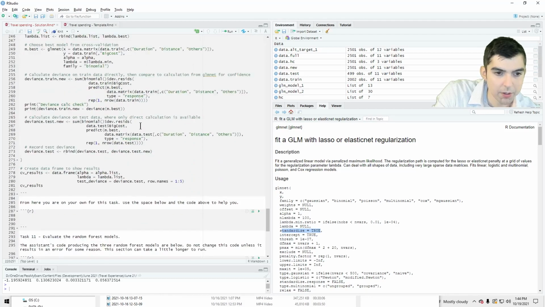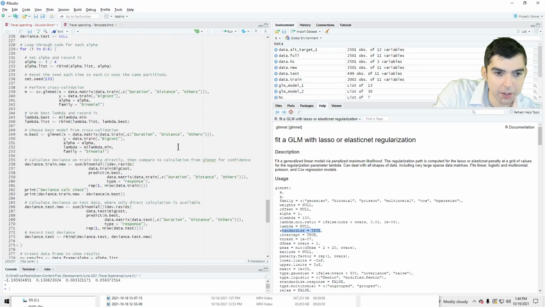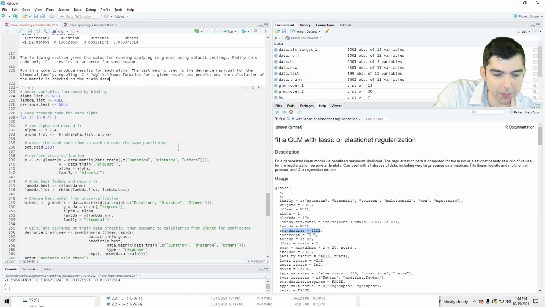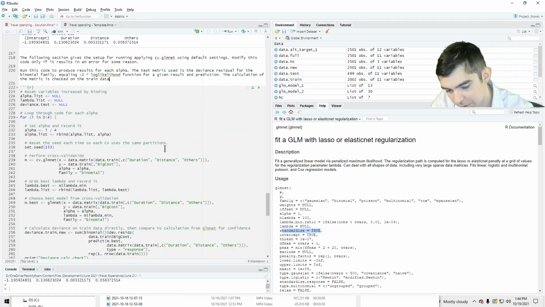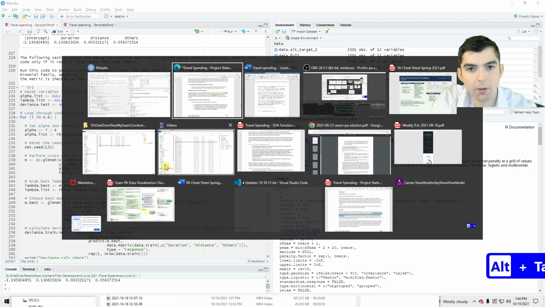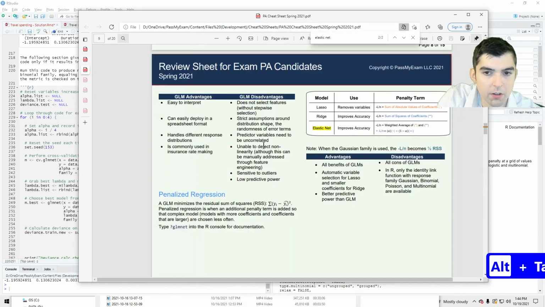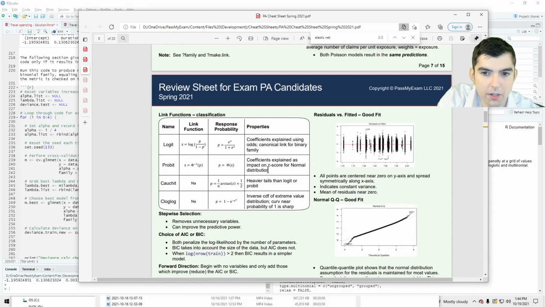Okay, so there's a lot of code here. And when it talks about deviance residuals, we want to go back to the cheat sheet. So recall that when you look at a GLM's output, there are different types of residuals.